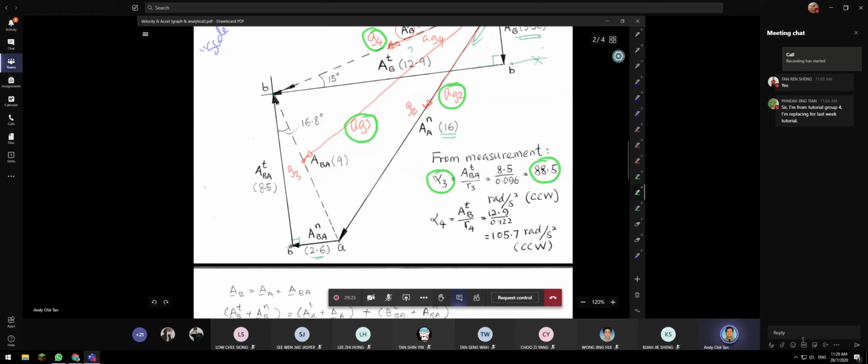You need alpha 3. You also need alpha 4, because remember, I mentioned summation M equals I alpha. I is usually given, so you need to find this value, and now we can find it from this calculation.